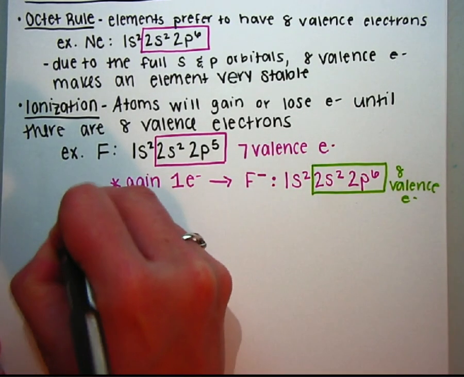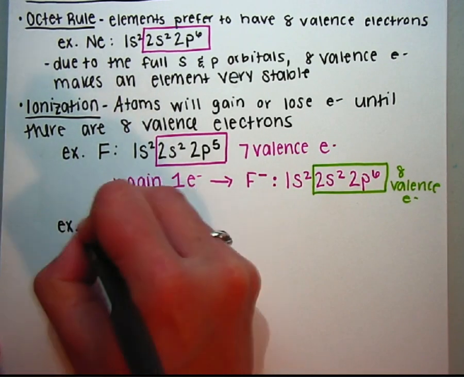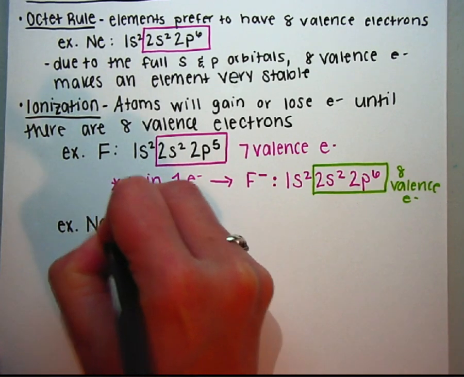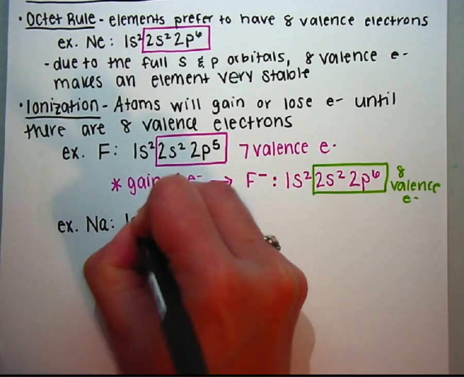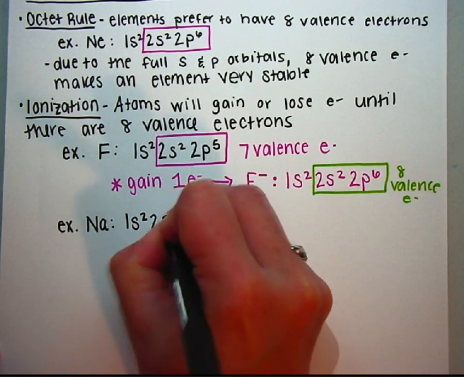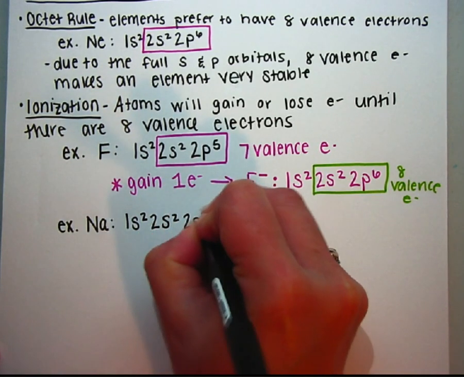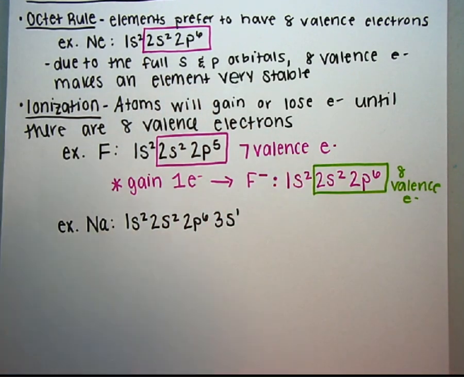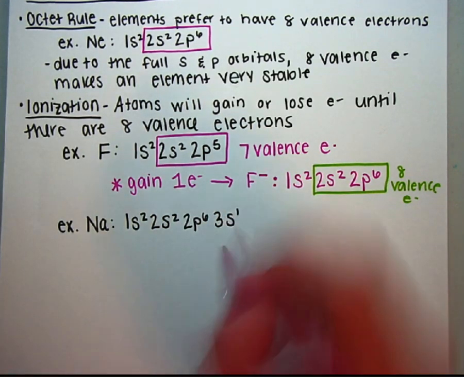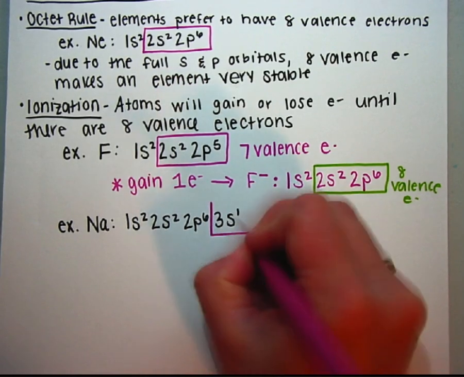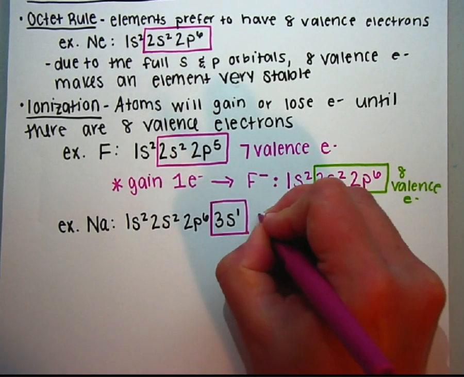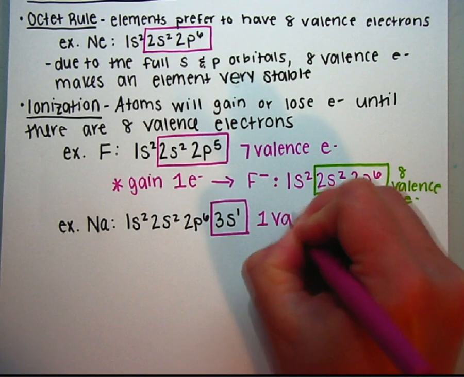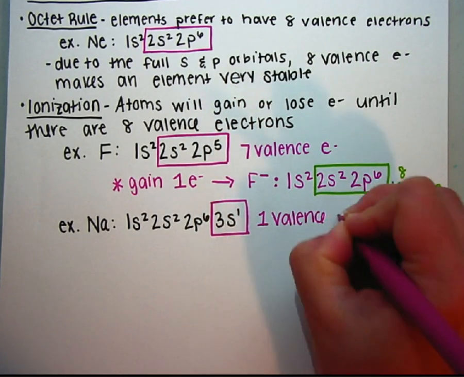Let's look at a positive ion. Let's look at sodium. Sodium's outermost energy level is the third energy level, and it has 1 valence electron.